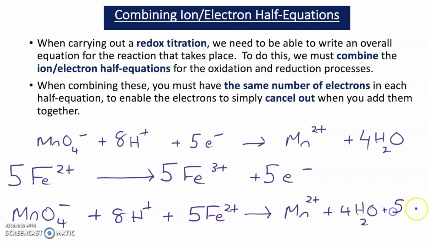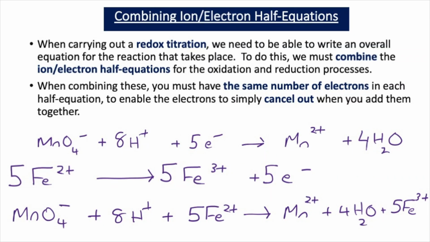Now the electrons simply cancel out here because I've got 5 electrons on the left hand side of the first equation, and I've got 5 electrons on the right hand side of the second equation. So when I add these together, the electrons just simply cancel out. Now this is because if I move the electrons in the second equation over to the left hand side, there'd be -5 electrons. So it would be 5 electrons minus 5 electrons would be no electrons. That's why they cancel out.